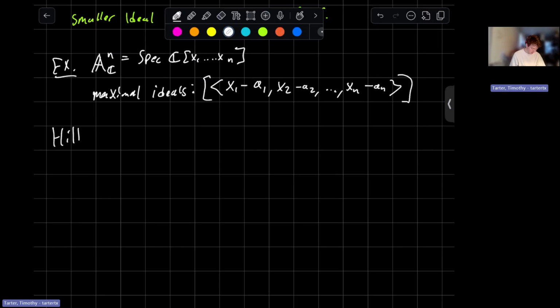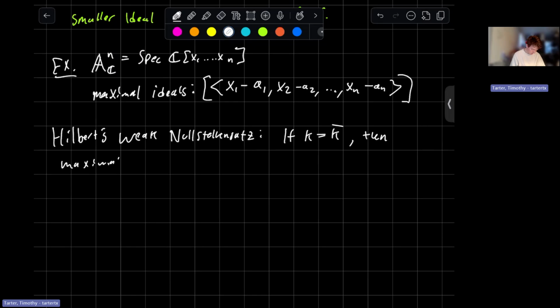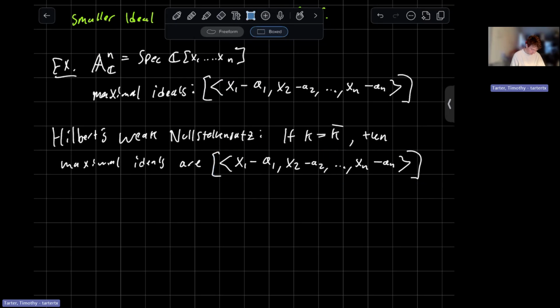So Hilbert's weak Nullstellensatz: if K is algebraically closed, then maximal ideals are like so.